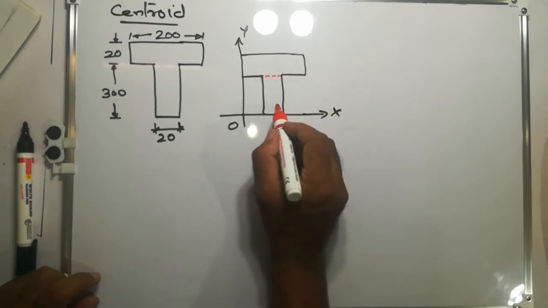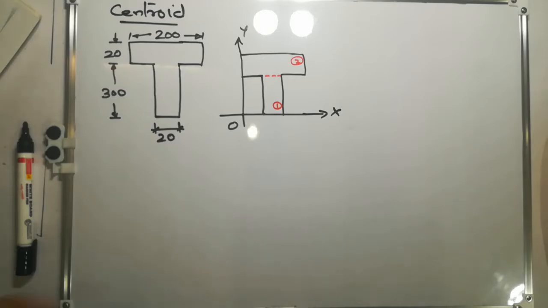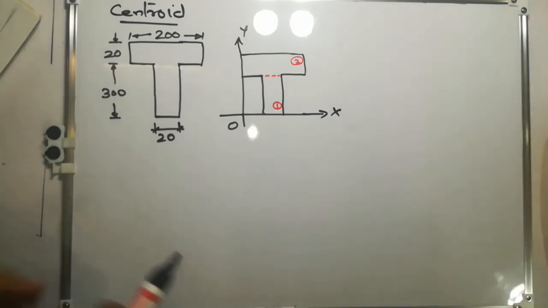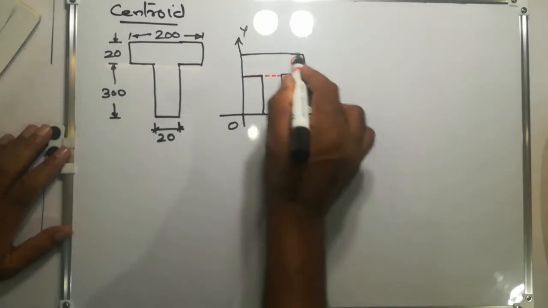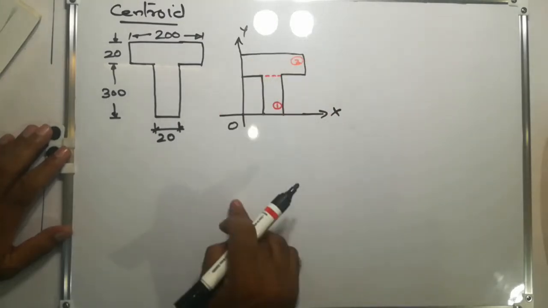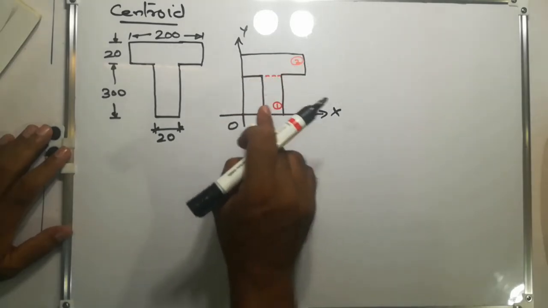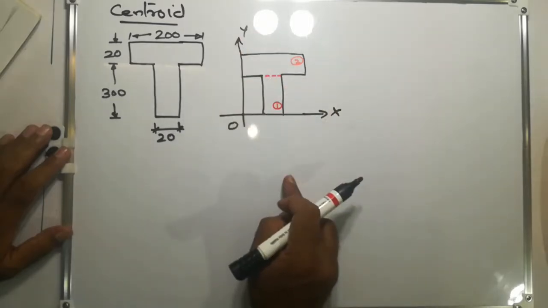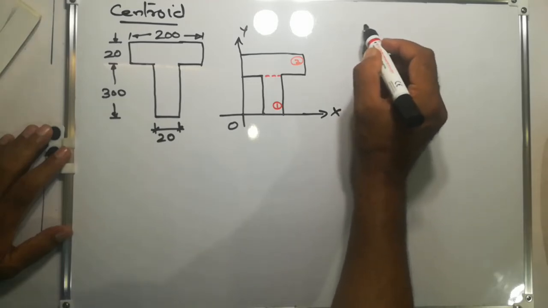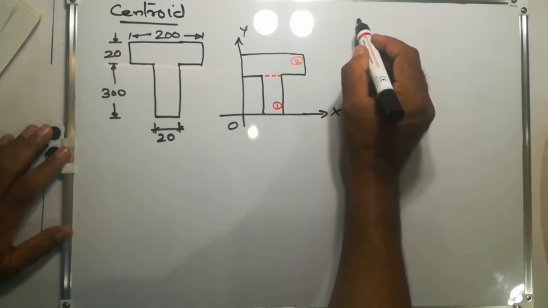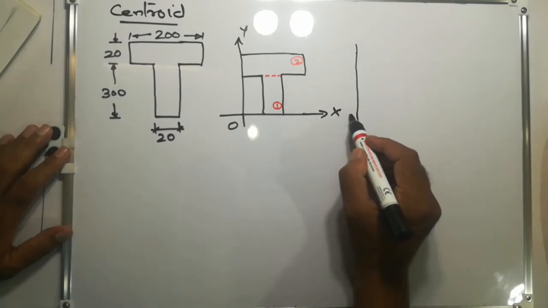Let this be the first rectangle, let this be the second rectangle. Now we will find the centroid of each of these rectangles and the distance of that centroid from the reference axes X and Y. So I will draw this rectangle separately with the same reference axis.